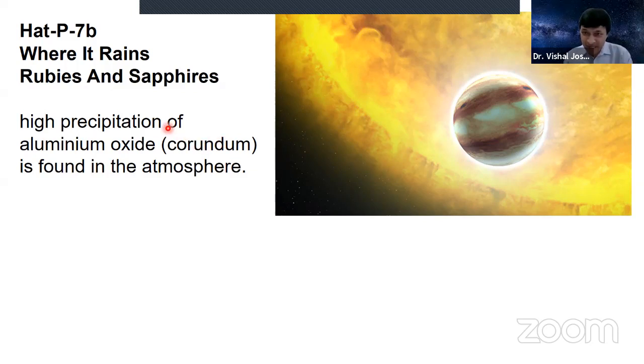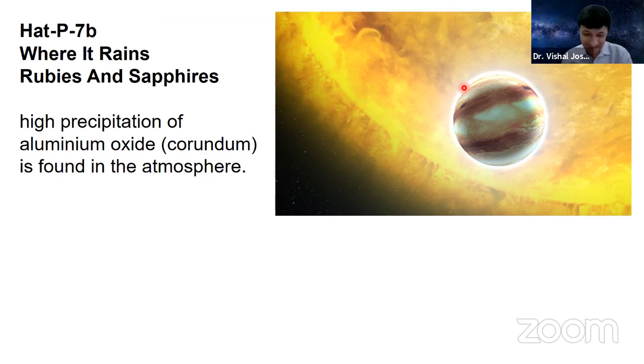The atmosphere is rich in corundum, and this atmosphere is highly dense, and conditions are such that astrophysicists have guessed that probably in their atmosphere, rubies and sapphires are raining like anything. Unfortunately, they are very common on those planets. So if some alien organisms are living on that planet, they don't place any value on these rubies and sapphires.